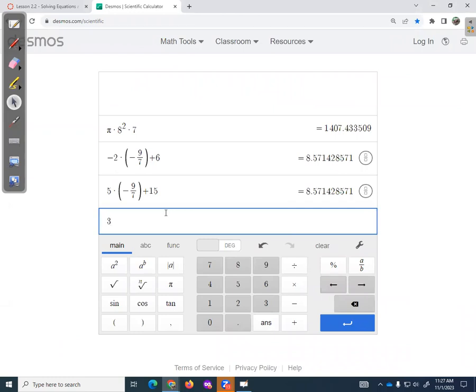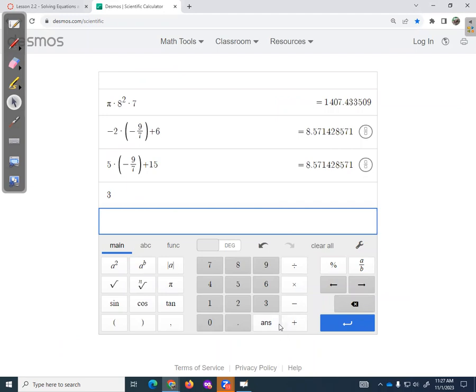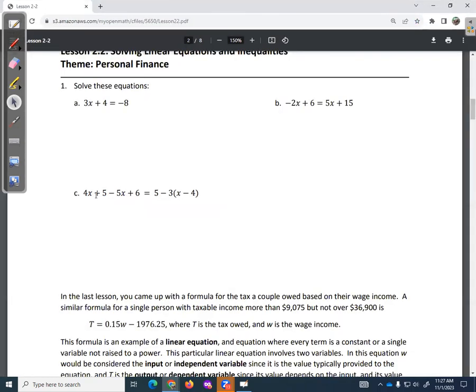I'm going to take 3, the answer, and just hit enter. And then I'm going to use the previous answer button like it's an x. And then I'm just going to retype one side at a time: 4x plus 5 minus 5x plus 6, but instead of an x, I'm going to use the answer.